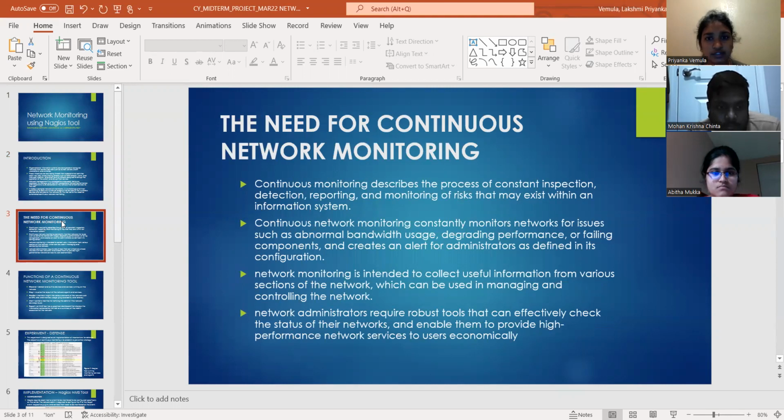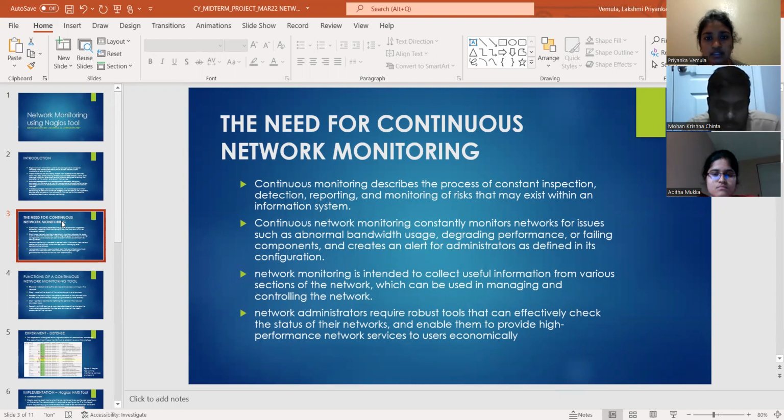Next is the need for continuous network monitoring. It constantly monitors networks for issues such as abnormal bandwidth usage and the performance of failing components, and also creates an alert for administrators as defined in its configuration. Continuous monitoring describes the process of constant inspection, detection, reporting, and monitoring of risks that may exist with an information system.